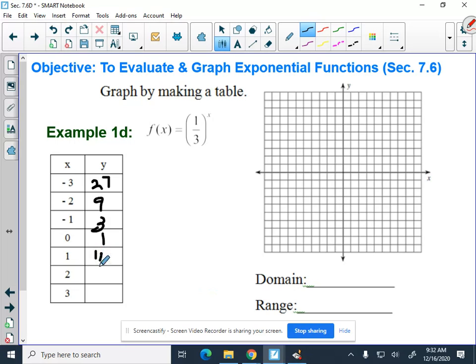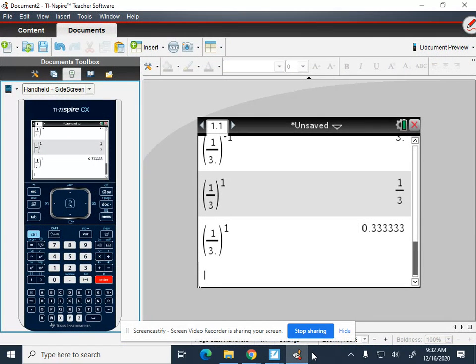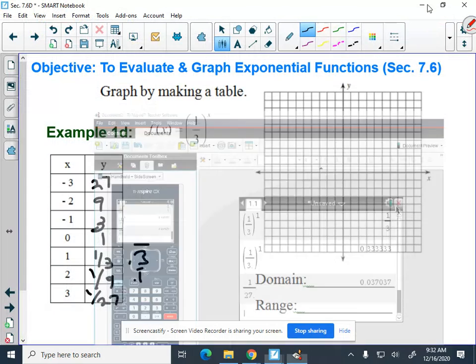Sometimes it's nice to know some of the fractions. 1/3 is 0.3 repeating. This one ends up being 1/9. A 9th is 0.1 repeating. This one's 1/27. 0.03.